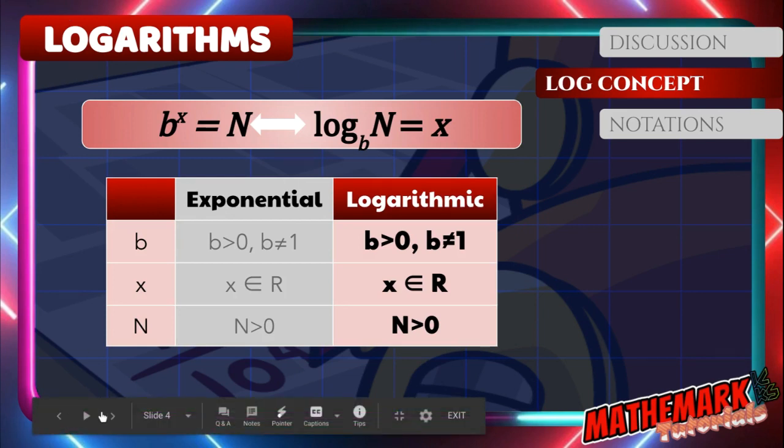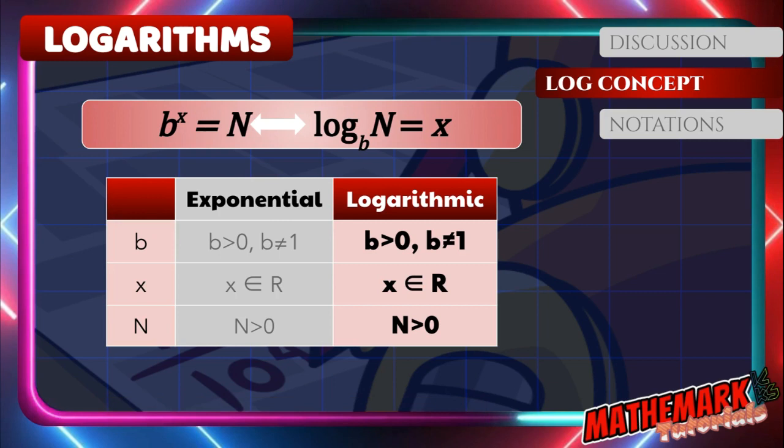So, the same rule applies when there are exponential functions and logarithmic functions. And you can write exponential equations in logarithmic form. So, from b raised to x equals n, it becomes log of n to the base b is equal to x. So that's how you read it.